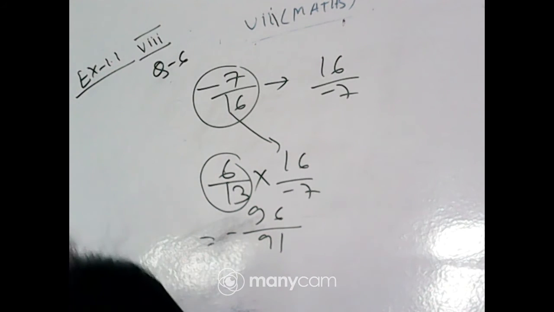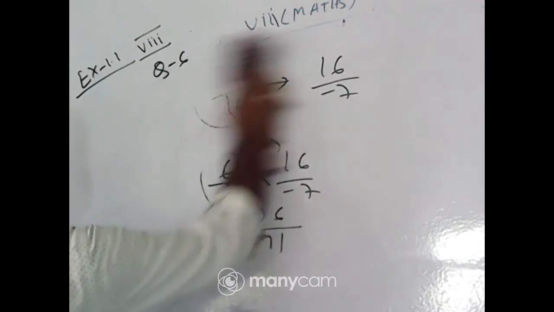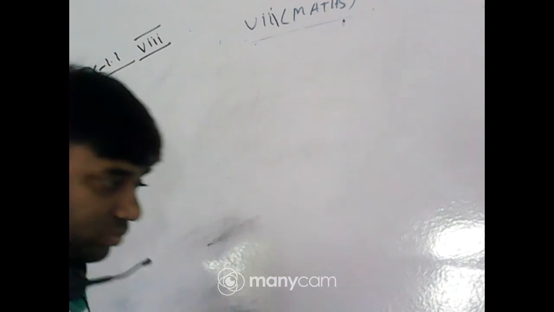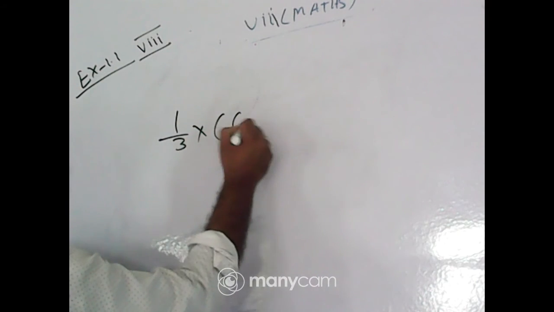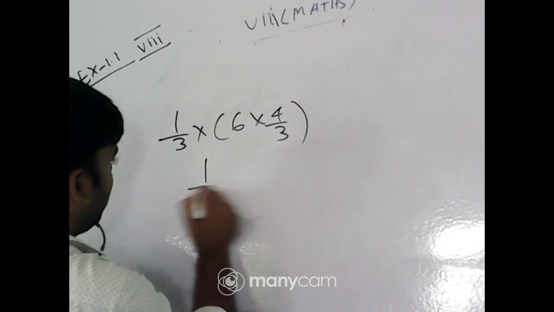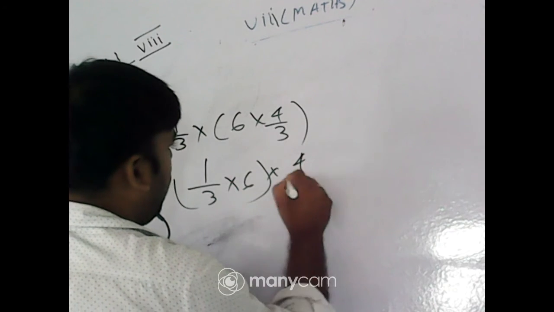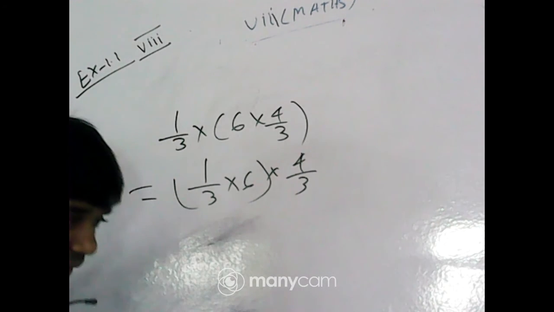Okay. Now moving on to question number 7. 1 by 3 into 6 into 4 by 3 can be written as 1 by 3 into 6 into 4 by 3, with the brackets changed. What kind of property have you used? Quickly.